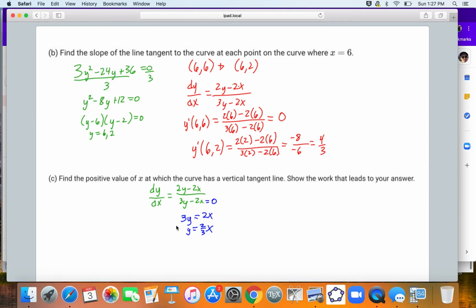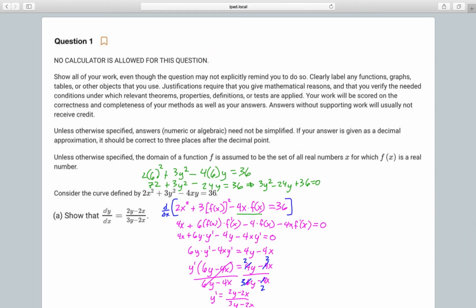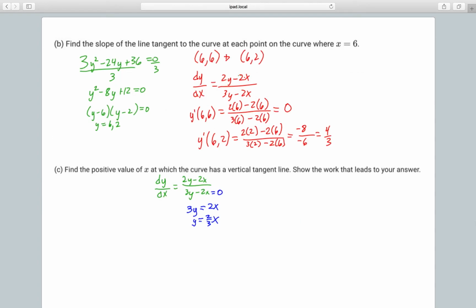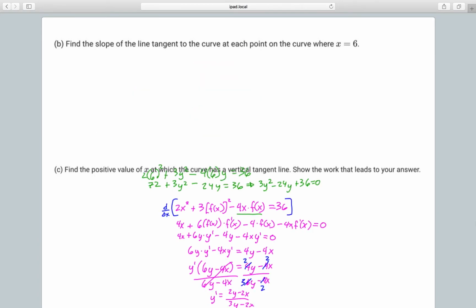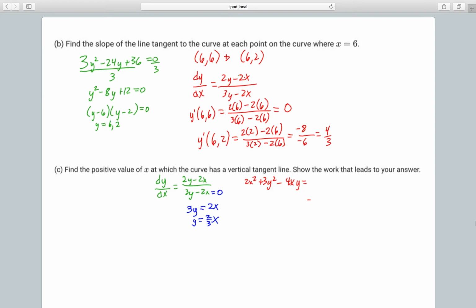All right, so what we're going to do then is go back to our original implicit function, which is 2x squared plus 3y squared minus 4xy equals 36. All I'm going to do is take that y equals 2/3 x and replace the y's in this equation with 2/3 x.